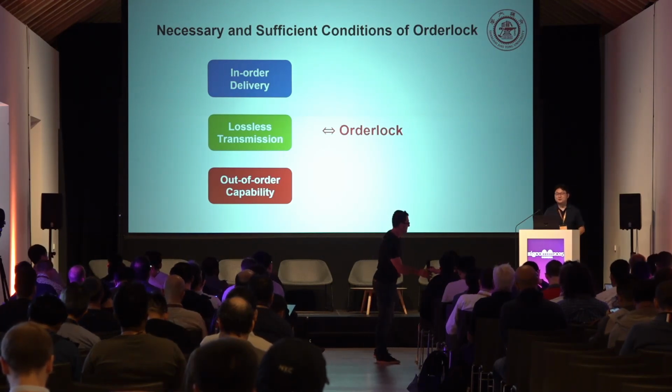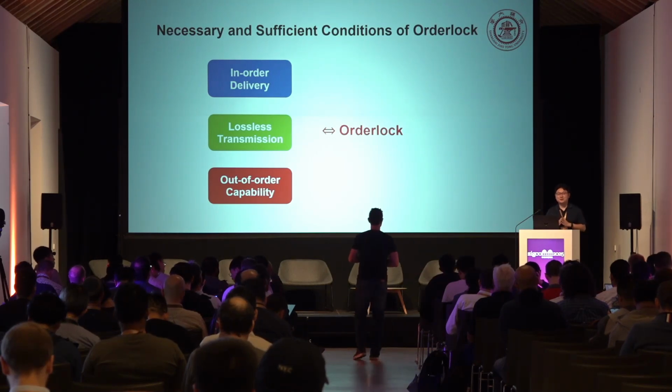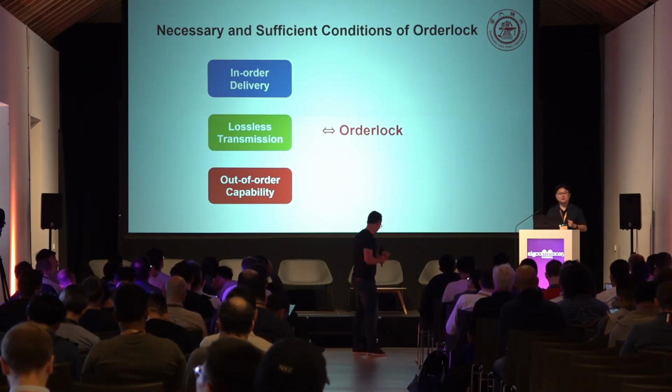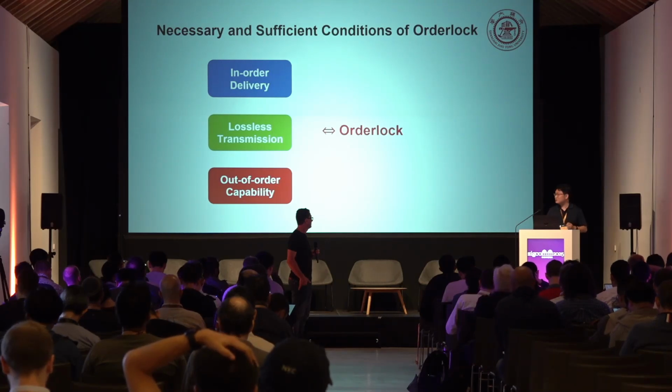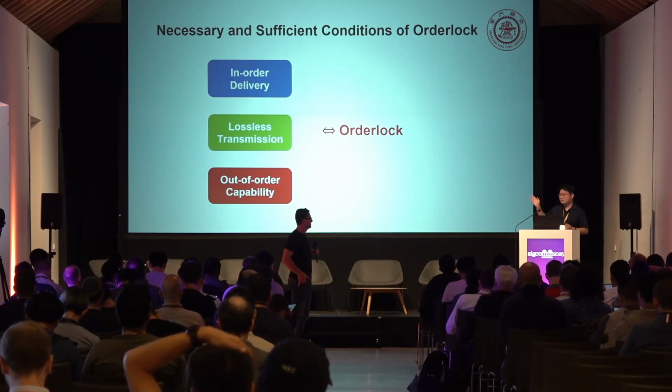Our work is a preliminary analysis, and we see that industry has different approaches. Like OpenAI, in the last two days, they use packet trimming, which means we cut off the lossless transmission.